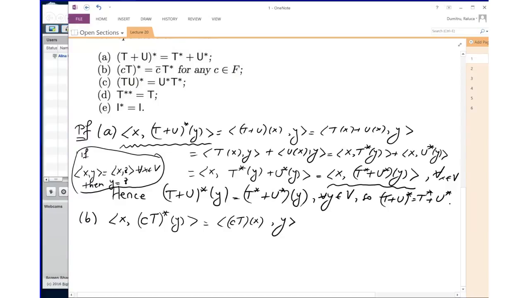So this equals the inner product between cT of x and y. But cT of x is just c times T of x. From the first, you can just pull out the scalar. So this is c times the inner product between T of x and y.